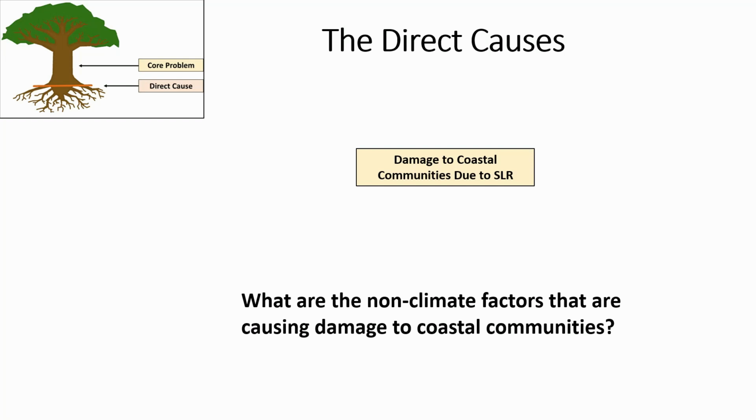We may think that we already know what the direct causes and the indirect causes of the problem are. We may think that we already understand the structure of the problem. But the reality is that we have set ways of understanding things, and sometimes we need to challenge our preconceived notions of what the structure of the problem is.